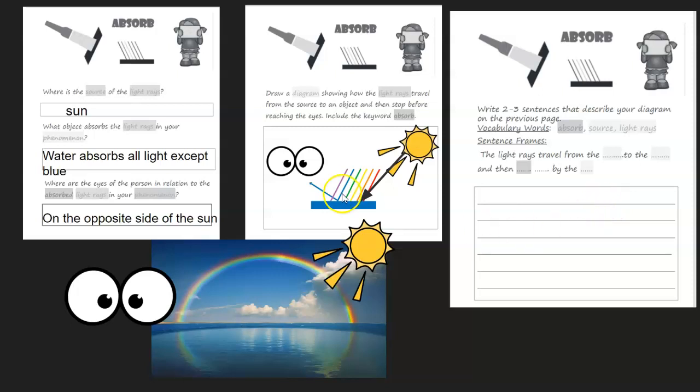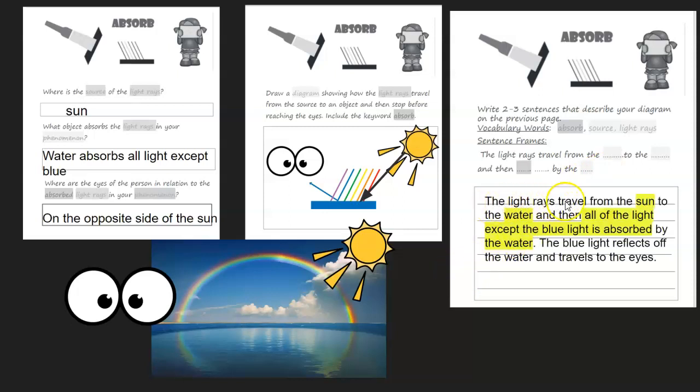That's the steps. That's what these pages are designed to do, step by step, get you ready to write this. I want you to focus on the sentence frame here. The light rays travel from the blank to the blank and then blank by the blank. How could I write that? The light rays travel from the sun to the water, and then all of the light, except the blue light, is absorbed by the water.